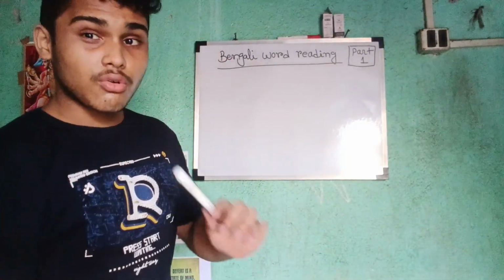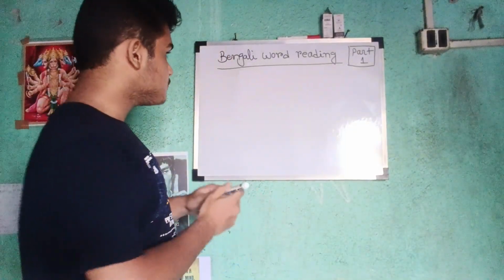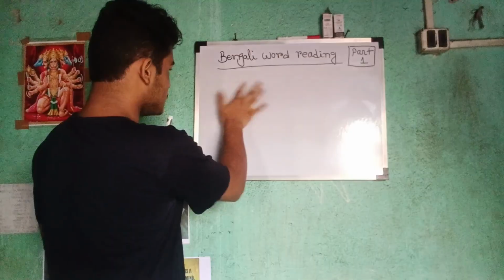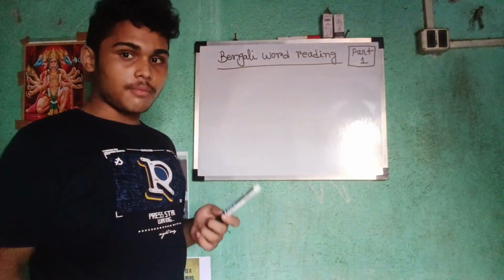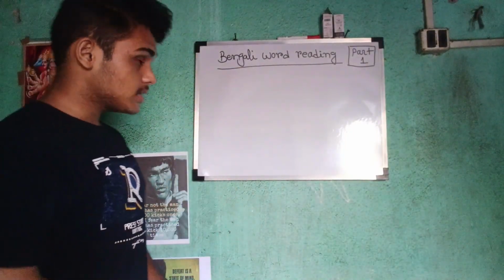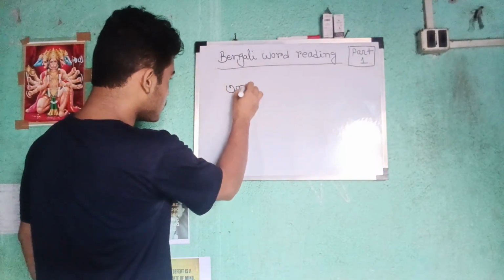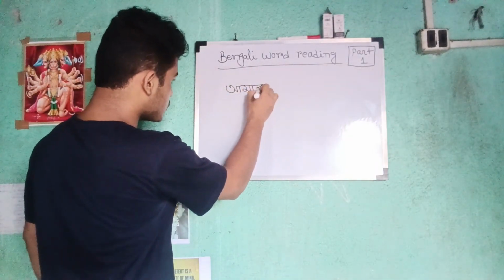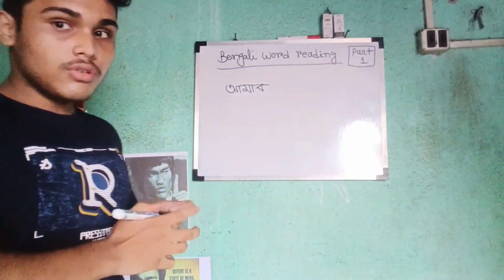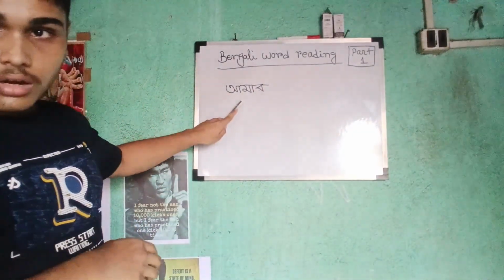Okay. So we are moving towards complex words. These were two-letter words, and we are now reading three-letter words.